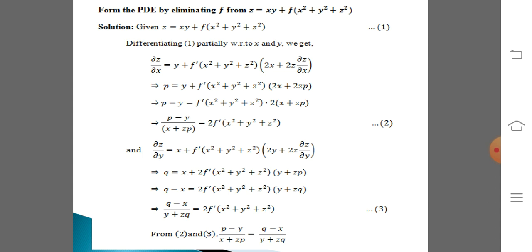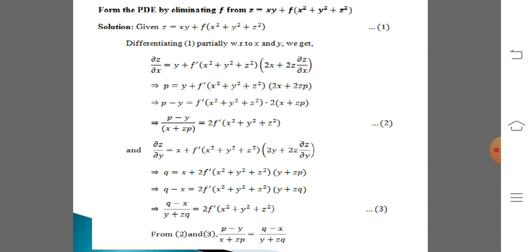So ∂z/∂y equal to x plus, similarly, derivative of f of (x² + y² + z²) is f dash of (x² + y² + z²) into the derivative of x² + y² + z² partially with respect to y, and its value is 2y + 2z ∂z/∂y. So here you can denote, or you can take ∂z/∂y as q.